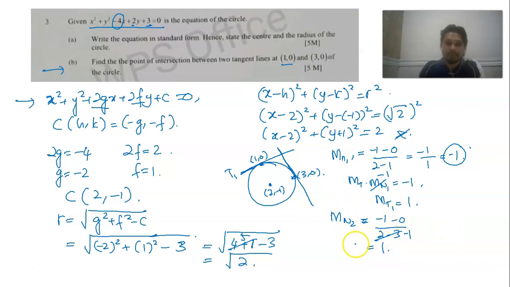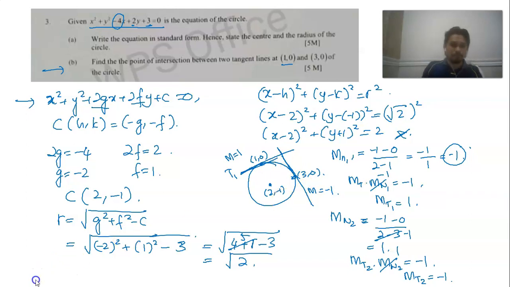Okay, and then gradient of tangent 2 multiplied with gradient of normal 2 equal to negative 1, where gradient of normal 2 is 1 here. So then gradient of tangent 2 equal to negative 1. So the gradient of tangent 1 is 1, and the gradient of this line here is negative 1.